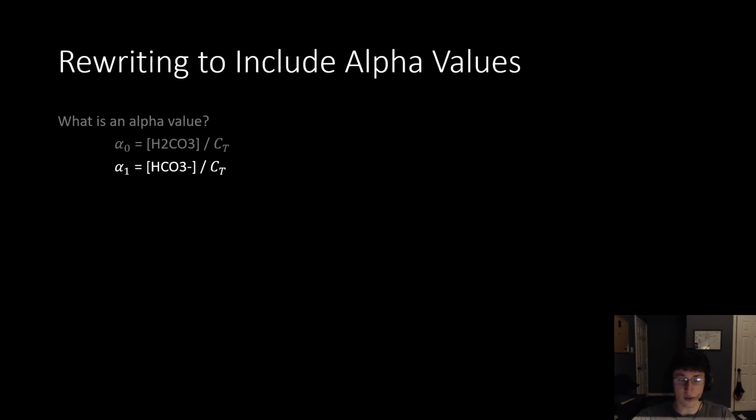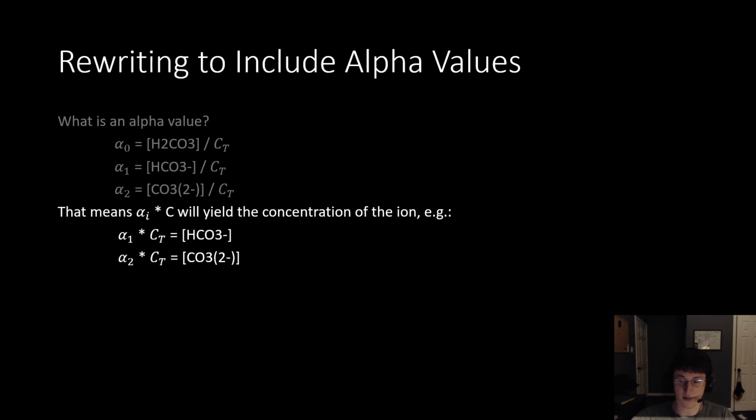Alpha 1 would be after one proton has dissociated, so the concentration of bicarbonate divided by the analytical concentration of carbon. Alpha 2 would be after two protons have dissociated, so the concentration of the carbonate ion divided by the analytical concentration of carbon. You'll notice that these alpha values are numbered such that their numbers represent how many protons have dissociated from the parent ion, and this will be true for any alpha value expression.